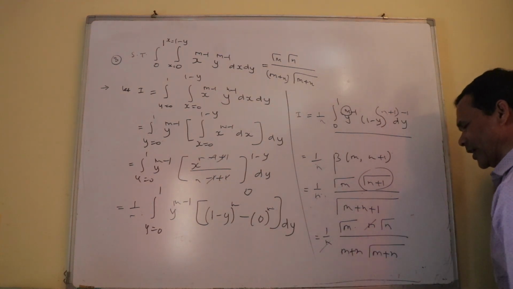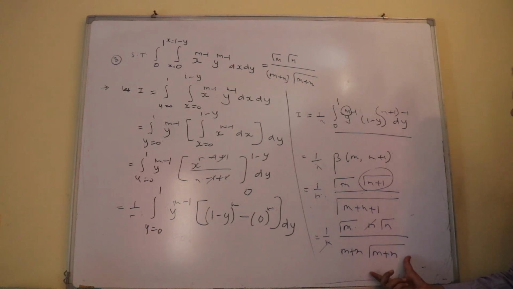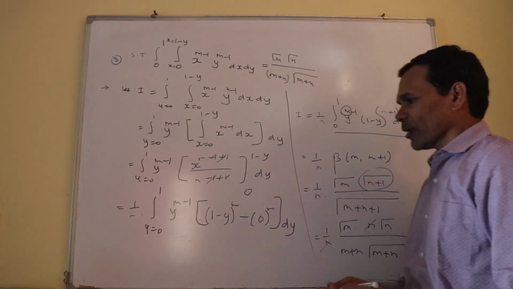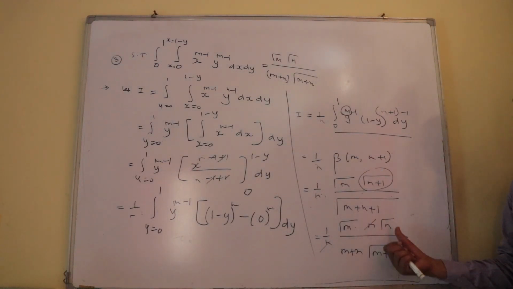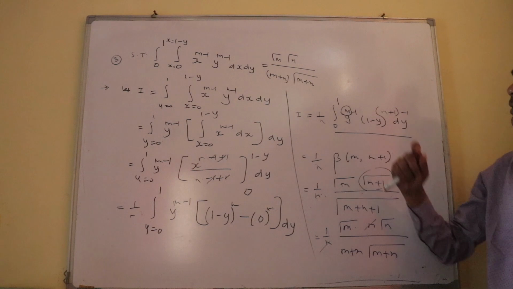So this n gets cancelled and you can write down this as RHS. So this is the final answer: gamma m gamma n upon m plus n gamma m plus n.